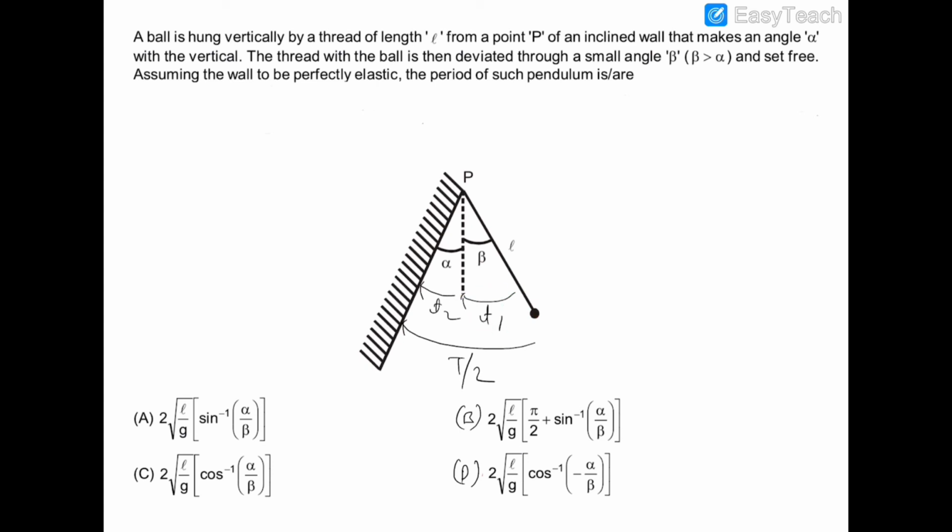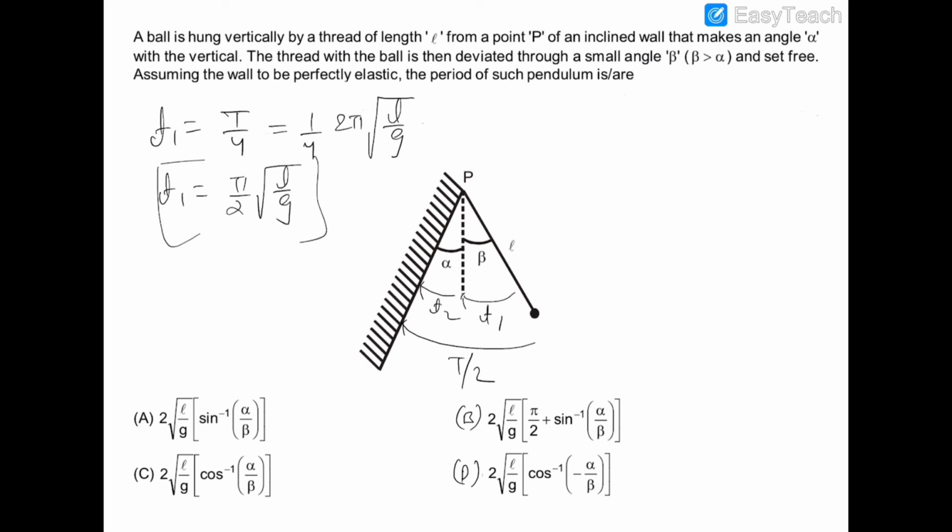So this time T1 will be the time period of free oscillation of the pendulum, and in fact this will be the 1/4 time of the time period of free oscillation. So we know that for free oscillation the time period is 2 pi under root L by g. So this time T1 will be equal to pi by 2 under root L by g. Now we have to find out this time T2.